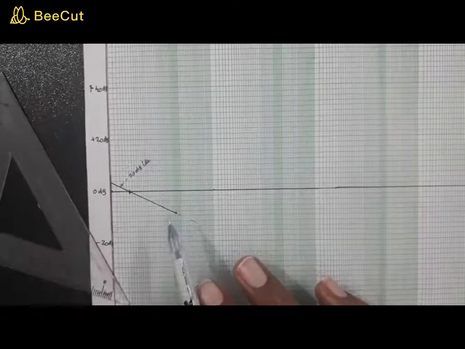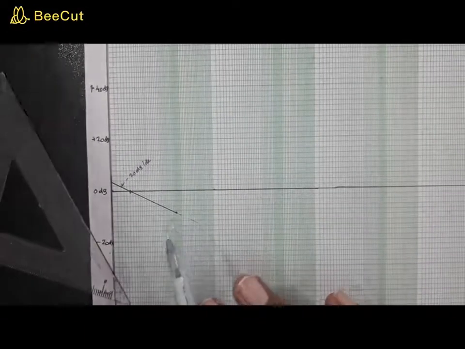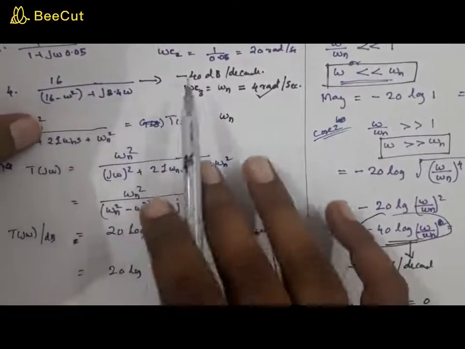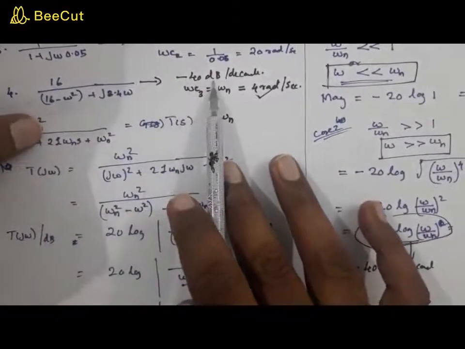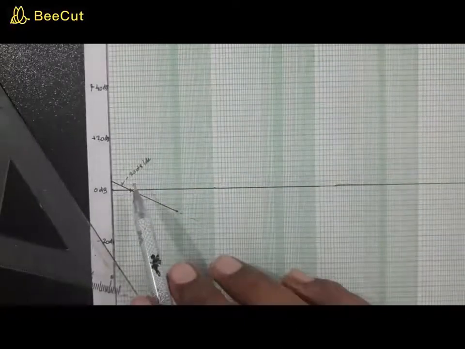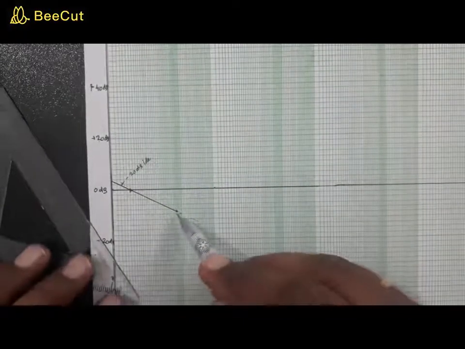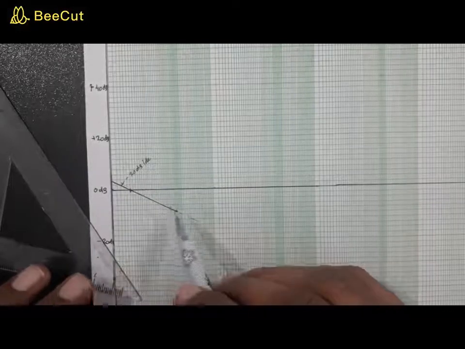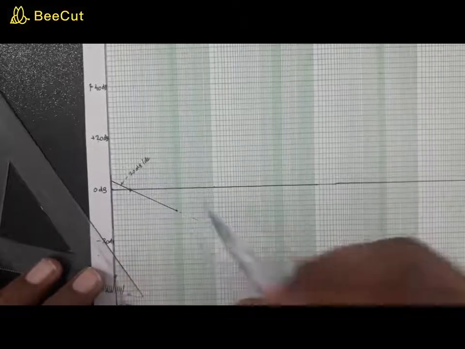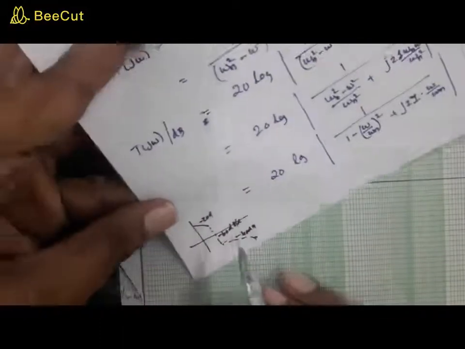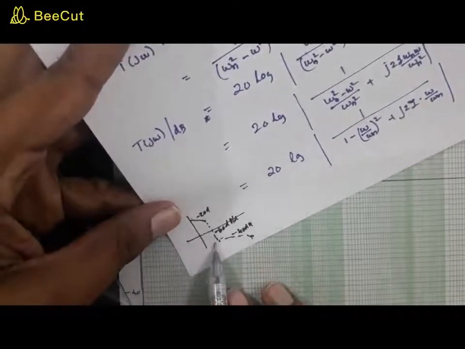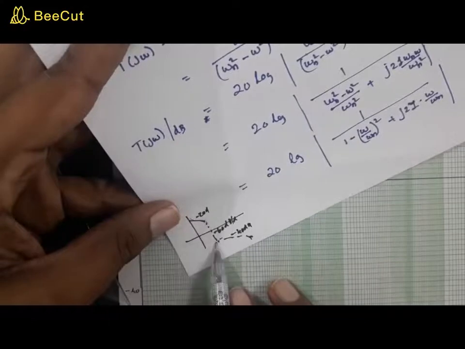After this, the 4 radians per second corresponds to the second order term, which offers a slope of minus 40 dB, but it's already at minus 20 dB. That means from this point onwards you need to draw minus 60 dB per decade.